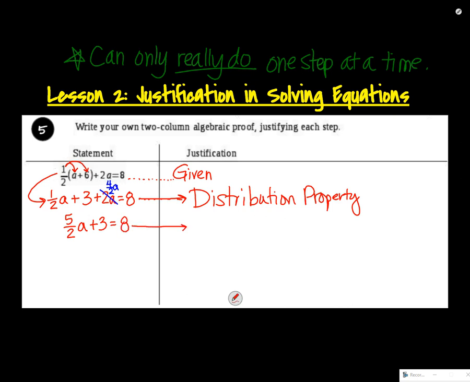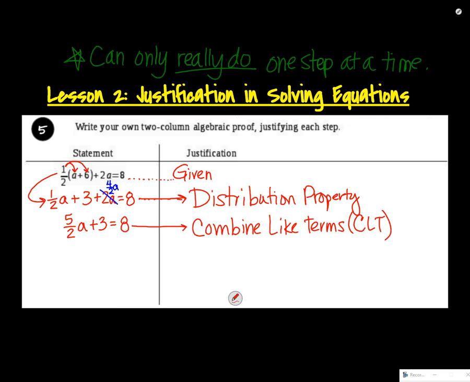I combined my a's, right? I added them together. But if you look back into your notes, if you're going to do that, I really want you to write combined like terms. Or if you are one of those people that like to abbreviate, CLT works for me. Hey, that rhymes.